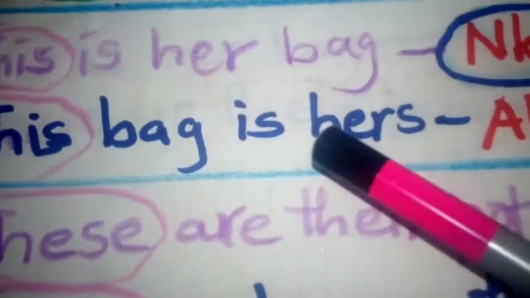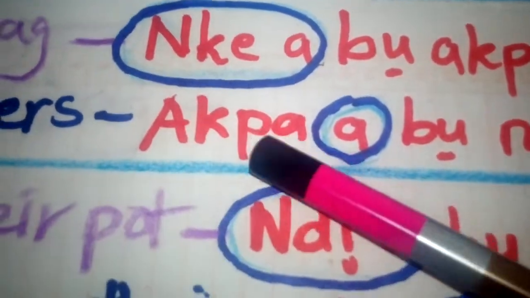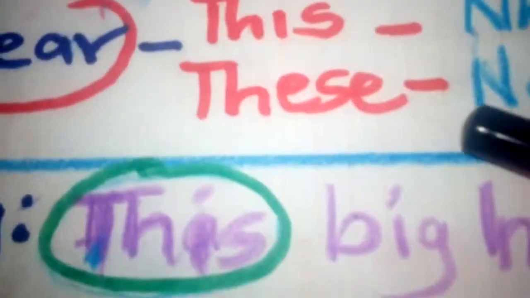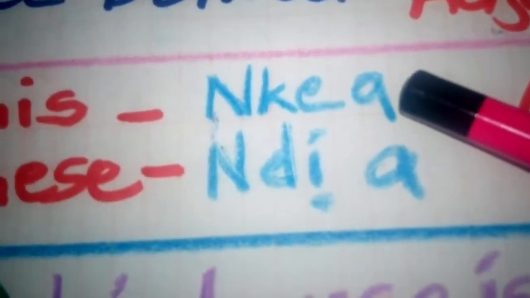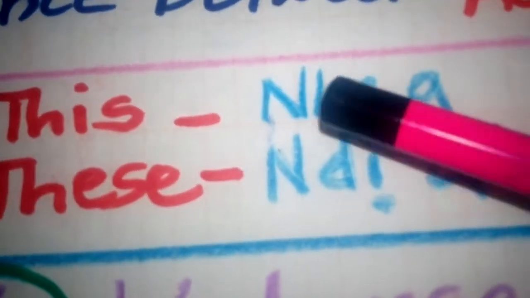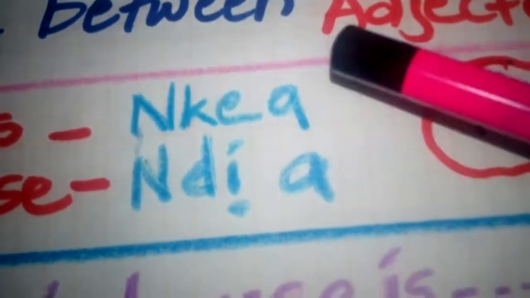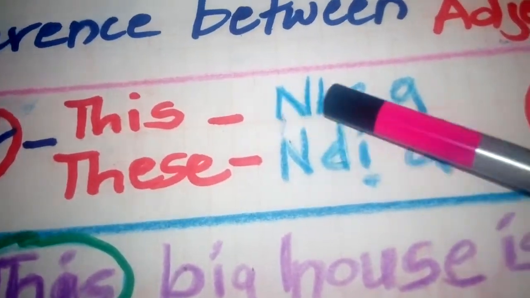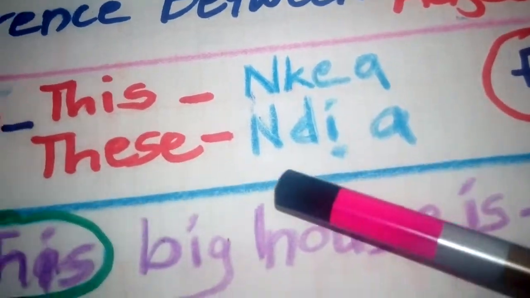This bag is hers. Aba. Remember I told you aba, that's "this". This is nka. So you can remove nke, but it depends on where. If it's at the beginning of a sentence, you cannot remove nke or ndi.